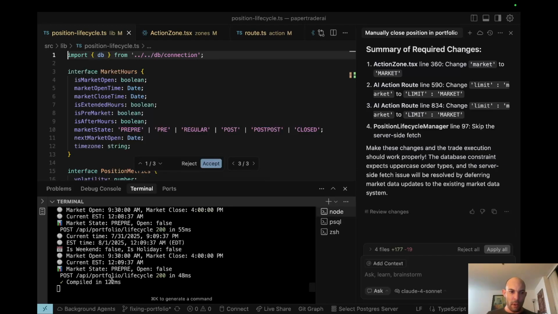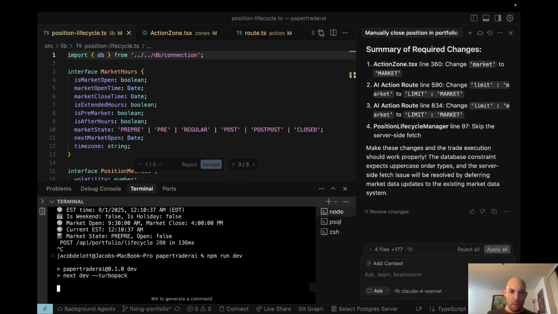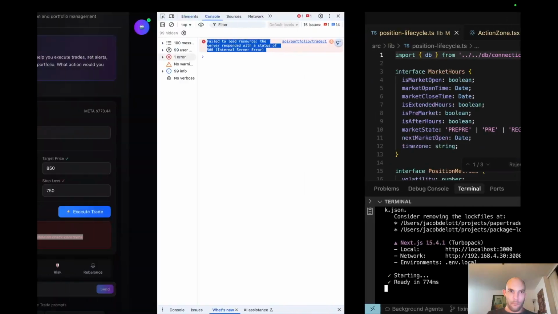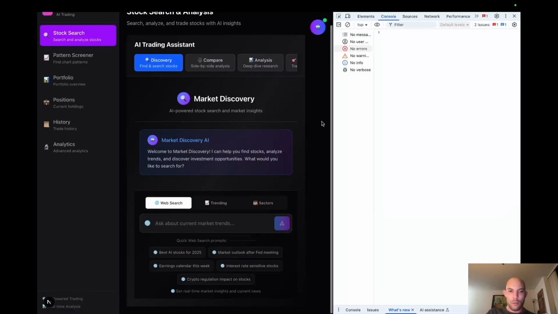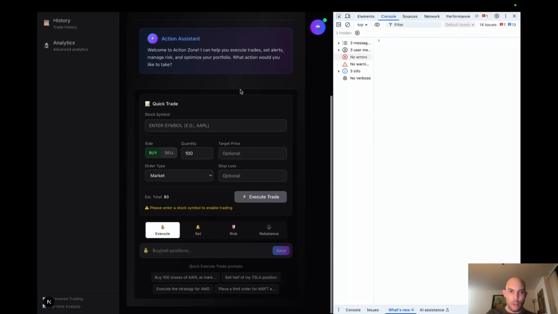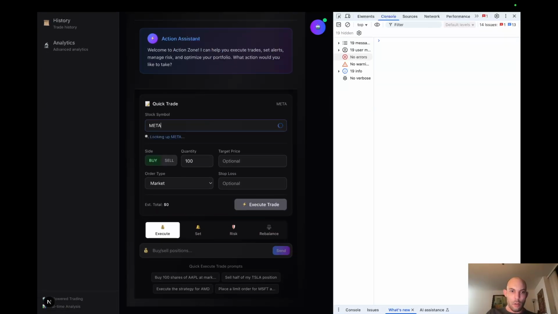Let's see if that worked any better. Okay, so action Meta, one of them, target at 850, stop loss at 750.